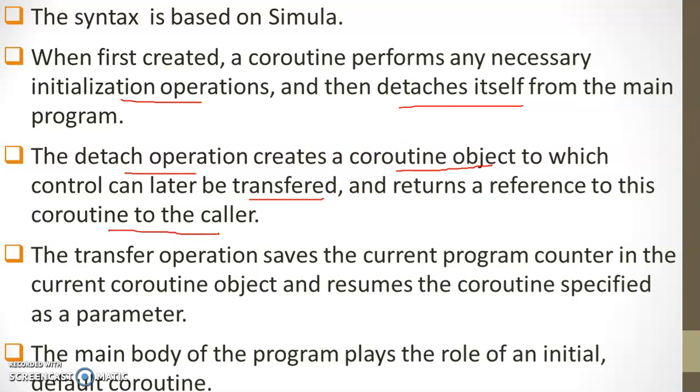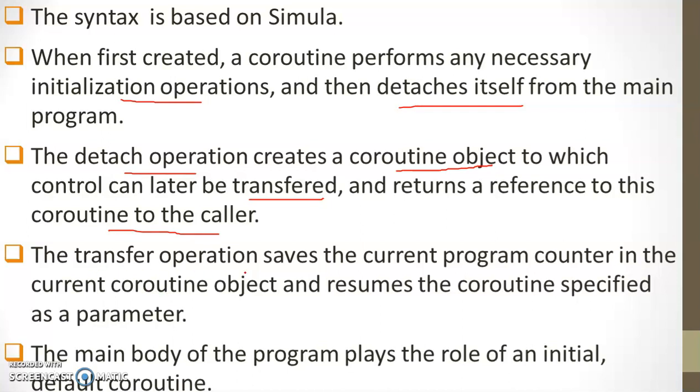So the detach operation detaches itself from the main program, creates an object to which control can be transferred, and returns a reference to the coroutine to the caller, so that later the same coroutine can be invoked again.